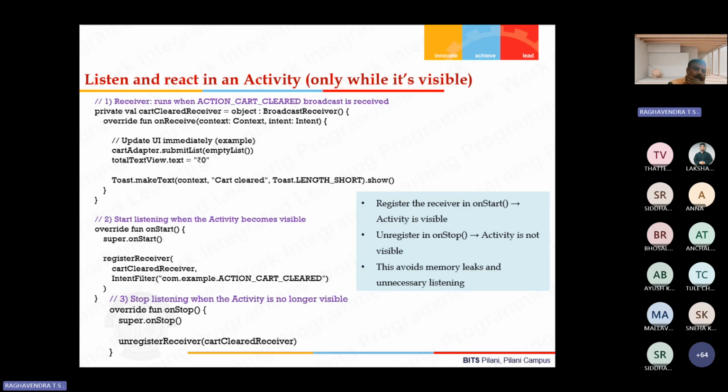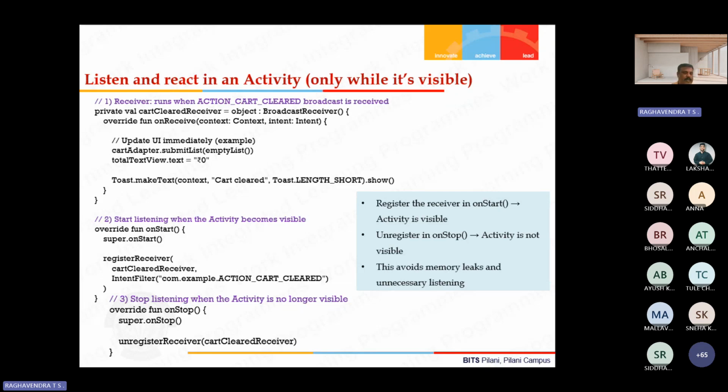So this logic will run whenever there's an onReceive, and it will take that immediately, which is the example cart cleared. This is the logic, what the code is given here.